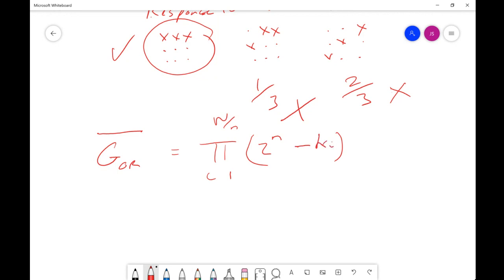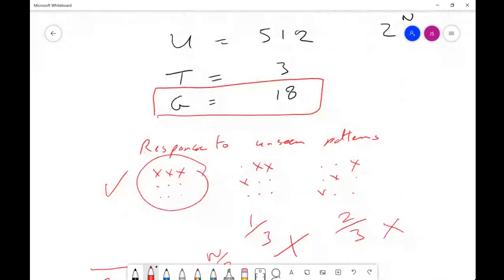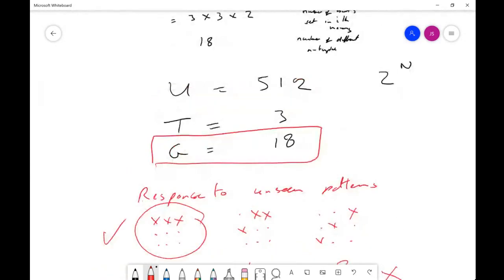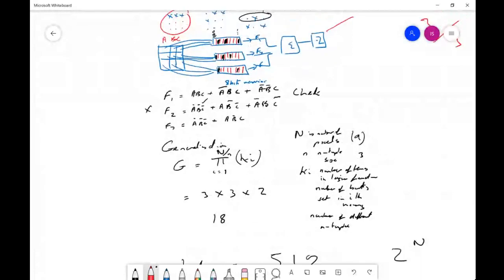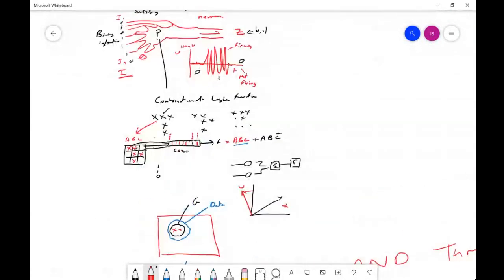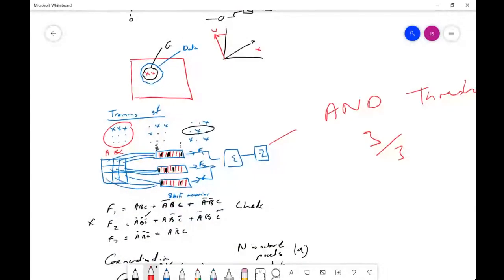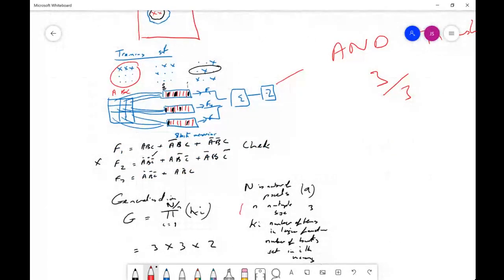And 2 to the n, n, remember, is 3. I defined 3 back there. Where was it? Well, it's obvious n equals 3, the sample size. There it is.